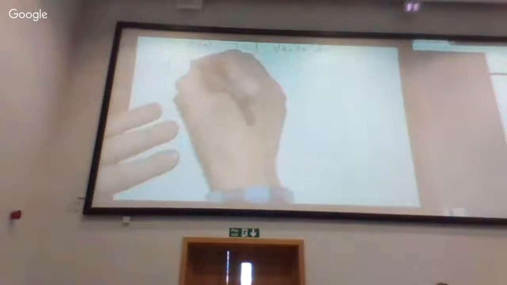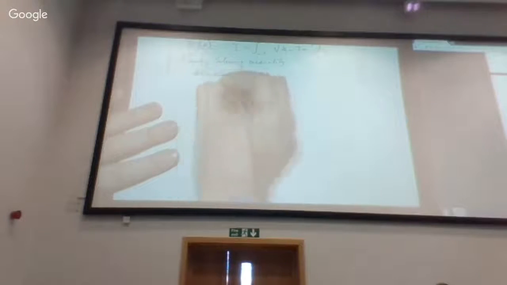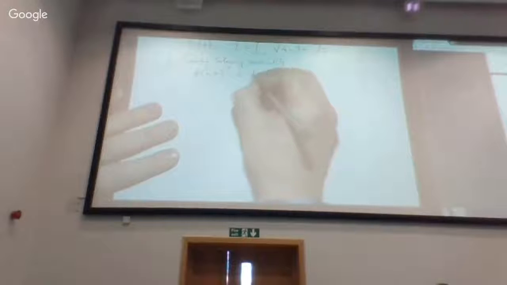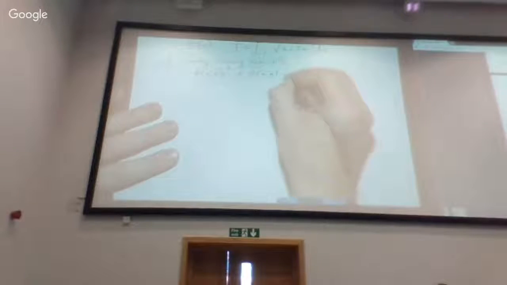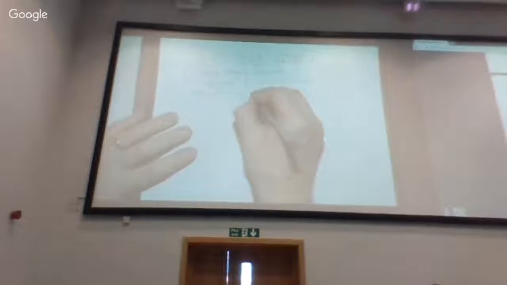Okay, the Cauchy-Schwarz inequality is that the square of the inner product of u with v is always less than or equal to the inner product of u with u multiplied by the inner product of v with v. Okay, that's what it looks like in general.